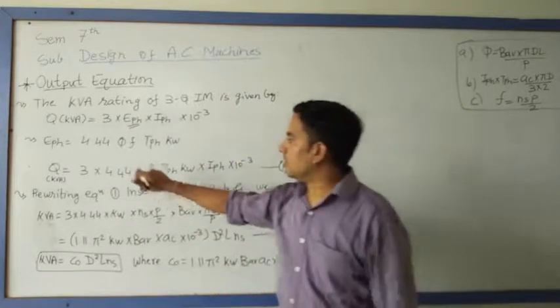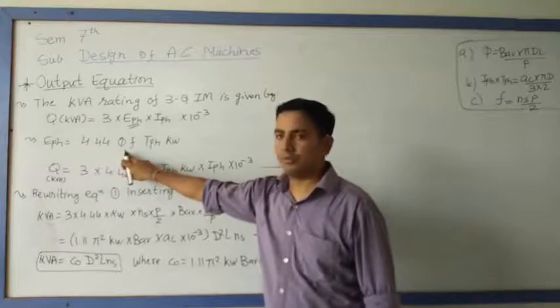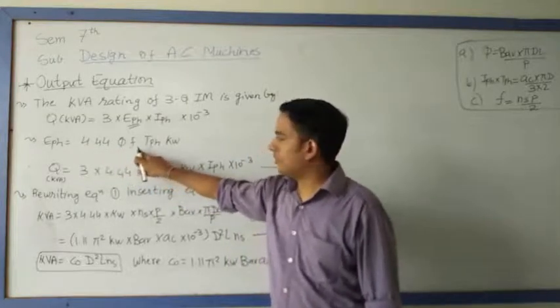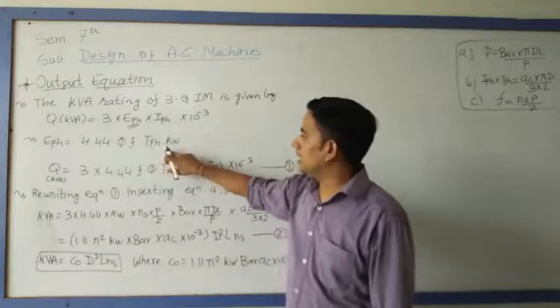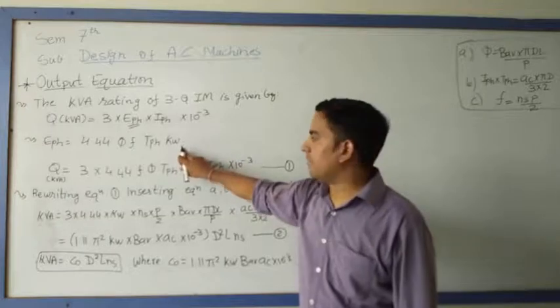EPH is equal to 4.44 multiplied by phi, F is frequency, TPH turns per phase, and kW is winding factor.